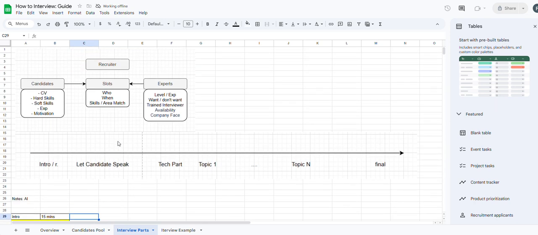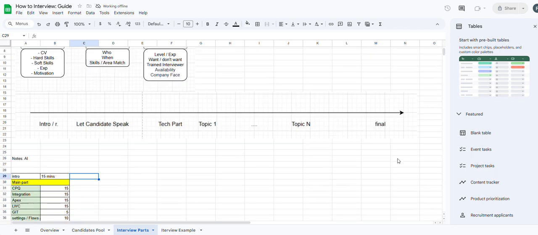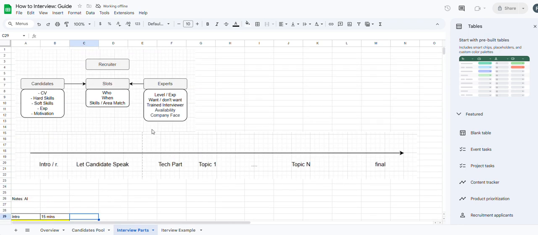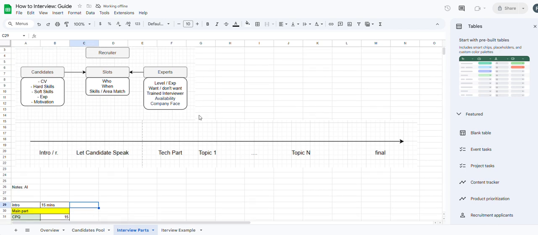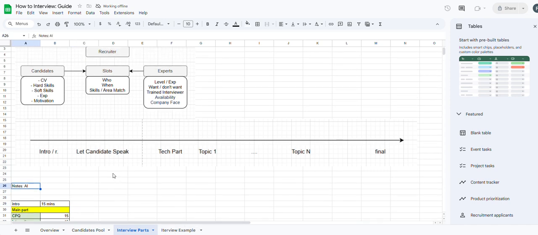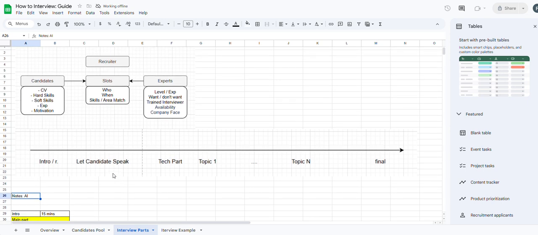So for us to make sure that our experts do it in the right manner, that they have this intro and this final, and understand which topics they need to cover and what kind of questions, we need to make sure that the expert is actually trained to conduct interviews.